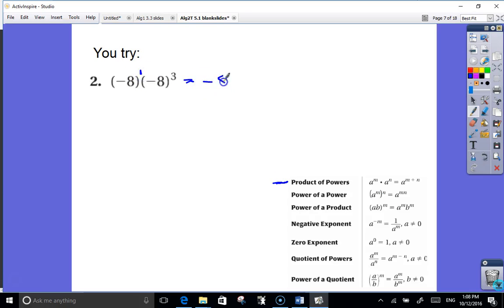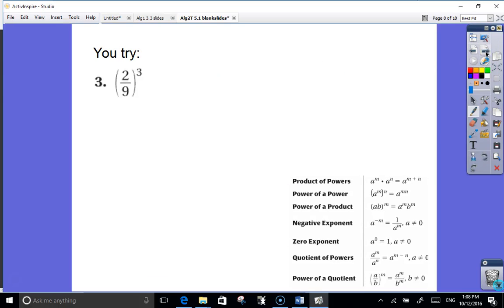So this is negative 8 to the 1 plus 3, which is negative 8 to the 4th, which is 4,096. Okay, try that one.